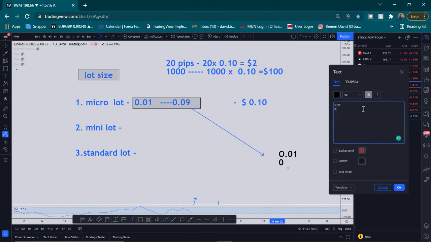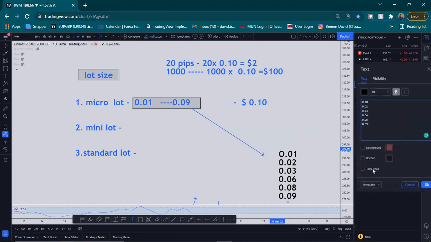Someone can decide to use 0.02. Someone can decide to use 0.03. Someone can decide to use 0.06. Someone can decide to use 0.08 or the highest amount of the micro lot size, 0.09. So depending on every lot size you use, that will determine the amount of money you make.